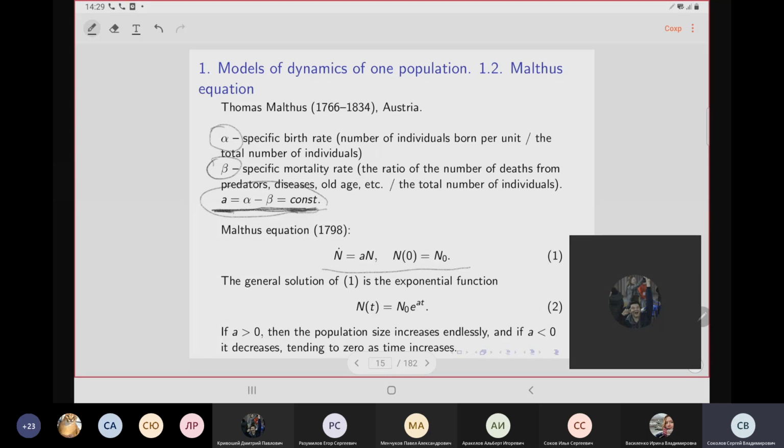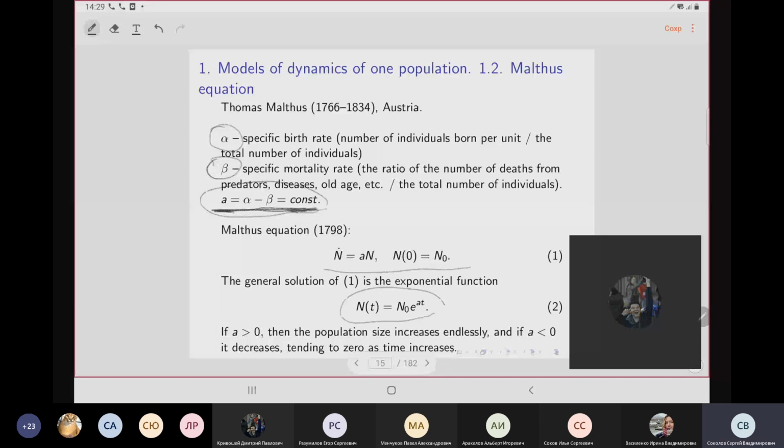So we can simply write the general solution as an exponent function. T0 is 0, so the general solution is n0 exponent of at. So let's examine this model.